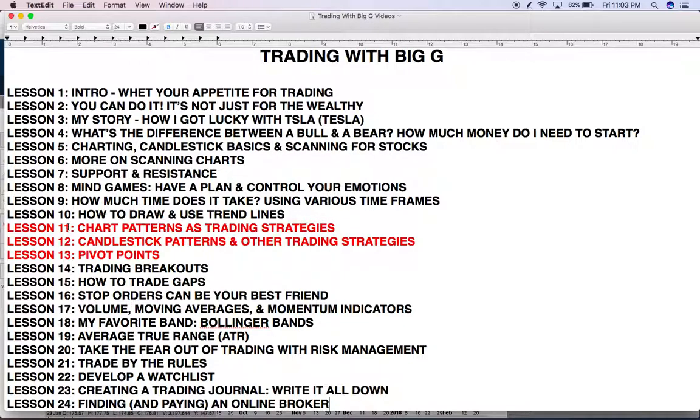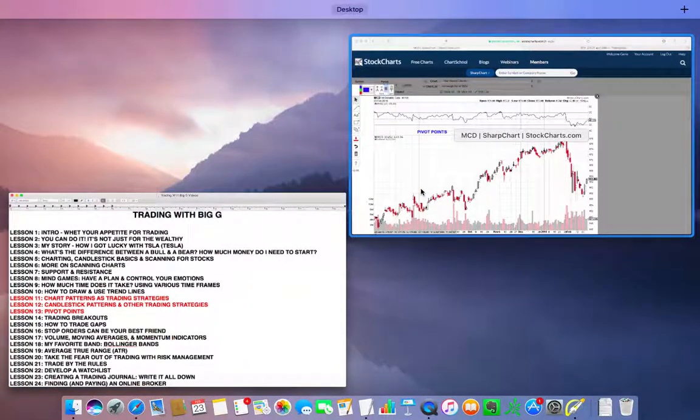I switched up lesson 11 and 12. You should have already watched. I just flip-flopped those from the original plan. And then I've added this one on pivot points. And as you can see, we're just halfway done. I got some more planned for you, but I want you to know that these have changed up a little bit, just in case you were keeping up that way.